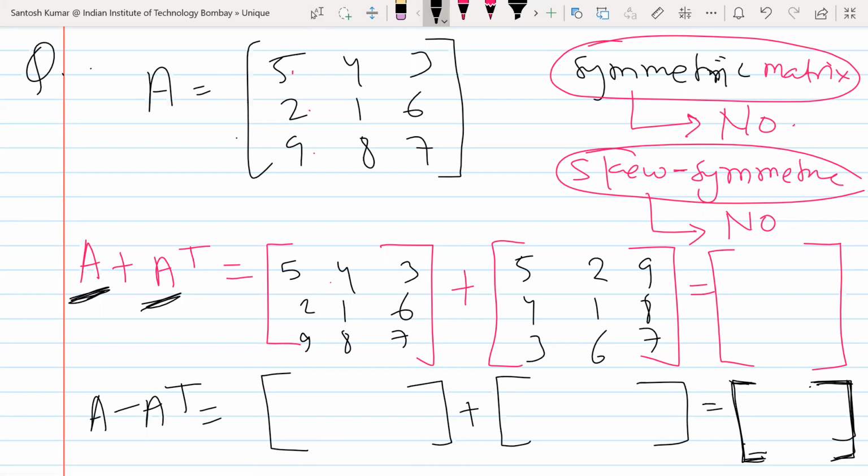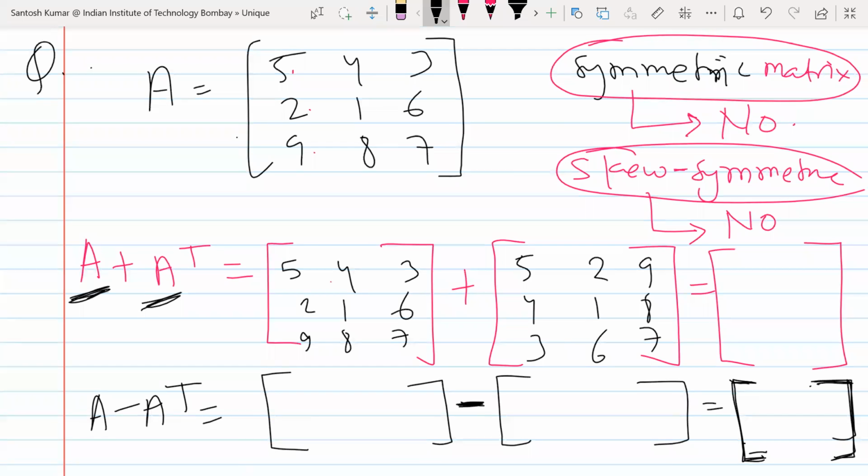Similarly, do A plus A transpose, and A minus A transpose. Sorry, here I should write minus. So similarly, write A plus A transpose and write A minus A transpose.